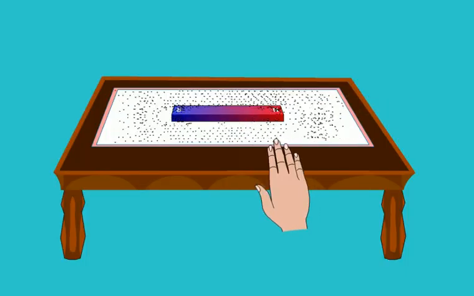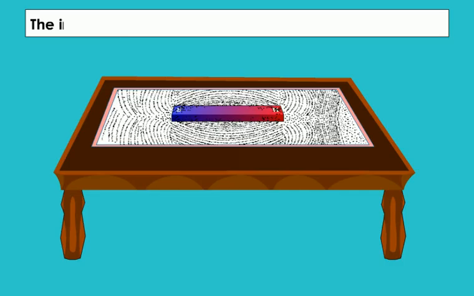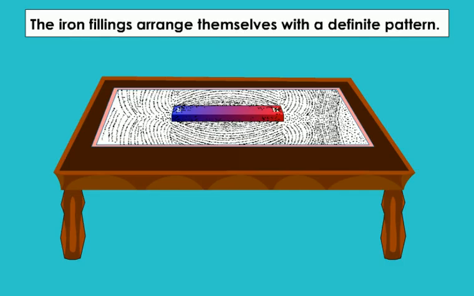Tap the surface of the sheet gently. What do you see? You see that the iron filings arrange themselves with a definite pattern, isn't it? Why do you think this happens? Can you explain?